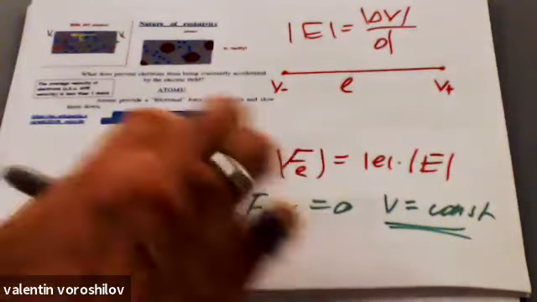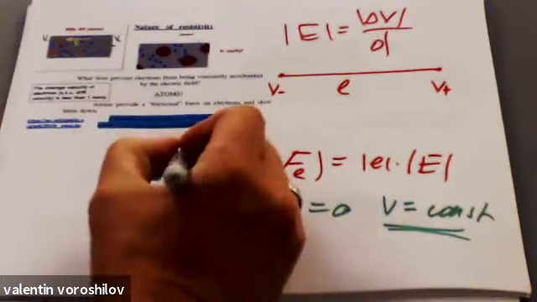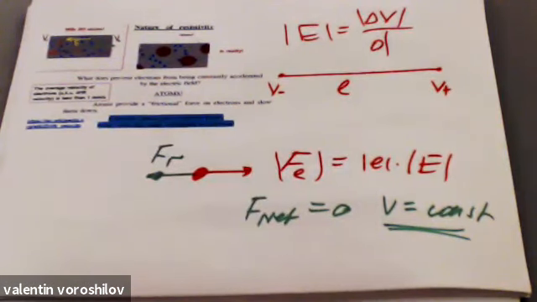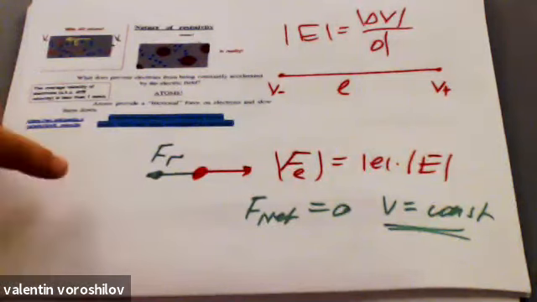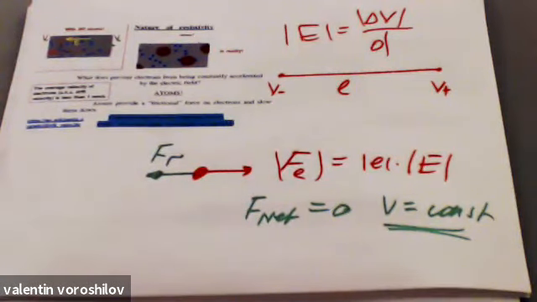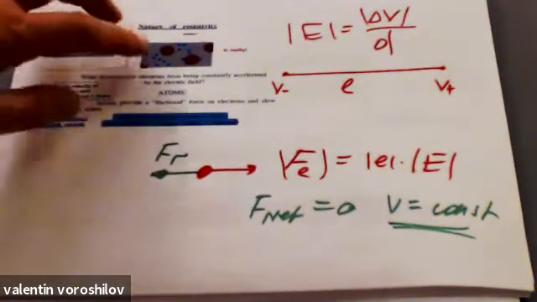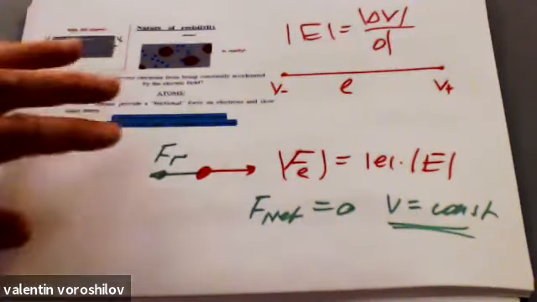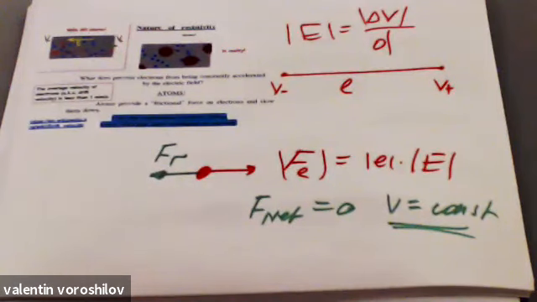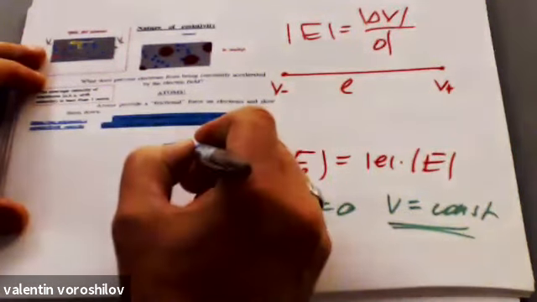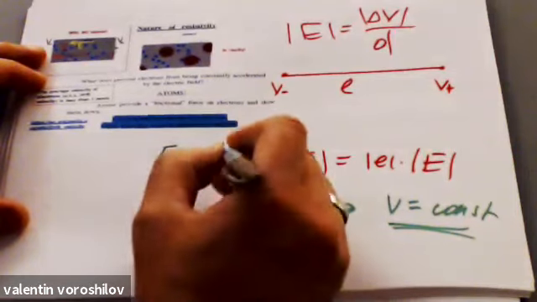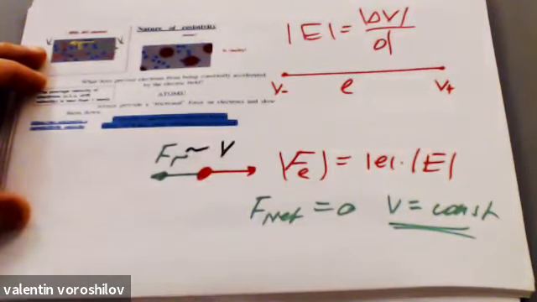But what about this force? Well, in general, we could again just apply common sense. If electrons would travel faster and faster, they would experience more collisions, and that would lead to more resistance. If they travel slower, they experience fewer collisions, and that would lead to less resistance. So this force is in a way proportional to how fast electrons travel.